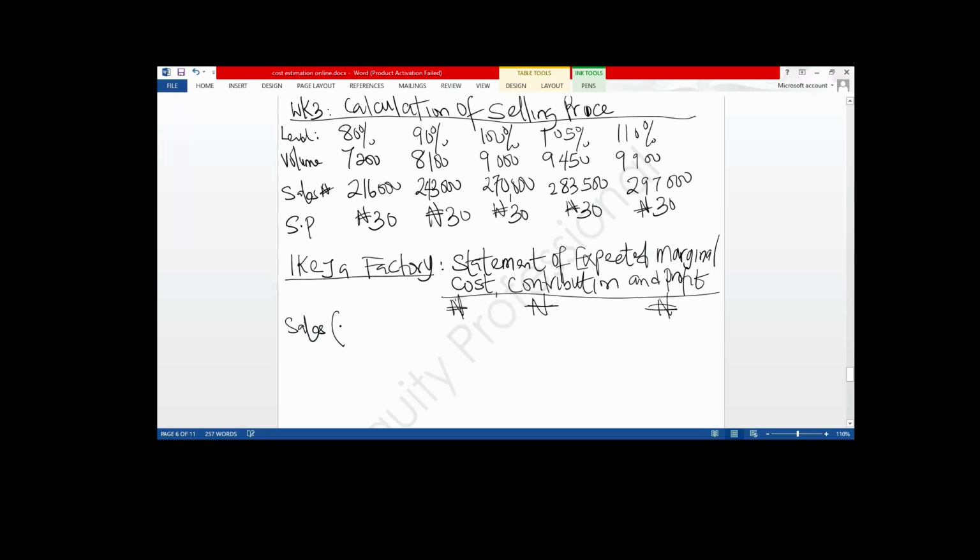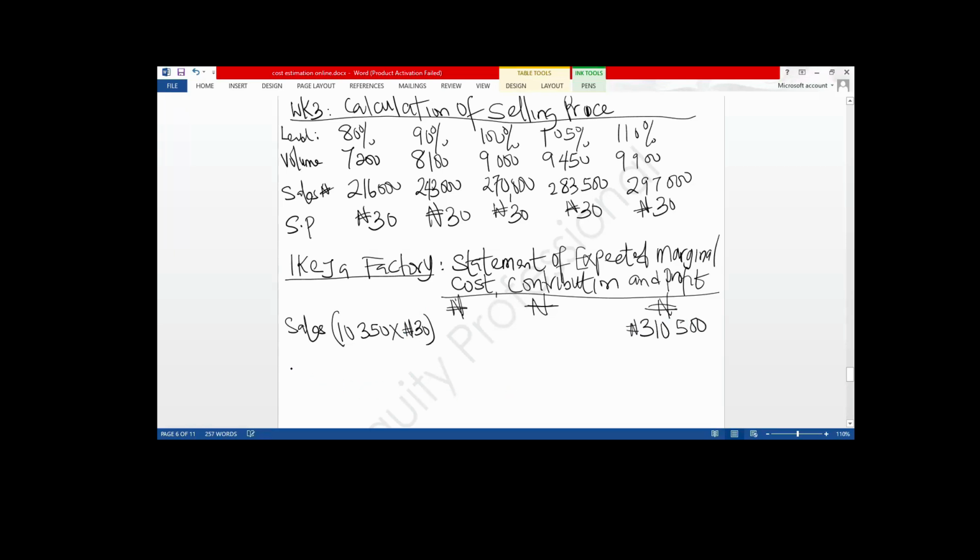At Apapa factory, we are planning to produce, at one proposed level, 115%. That production will be 10,350 multiplied by selling price per unit. What is the sales value? How much, please? 310,500.